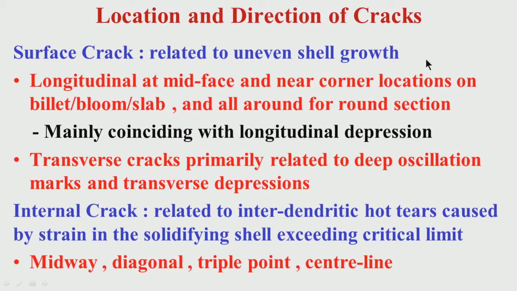One is uneven shell growth, either during solidification or at low temperature in the solid state itself, there can be crack formation. But internal cracks are basically interdendritic, that means they are basically hot tears. They can form in different types of chemistries.